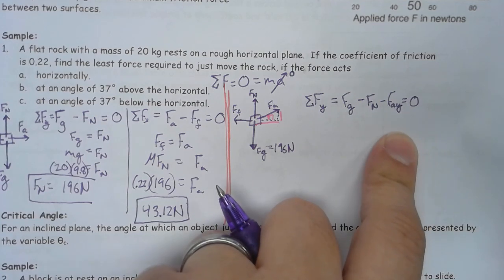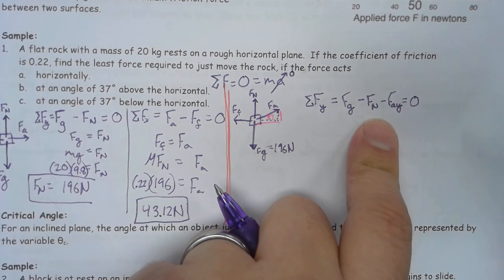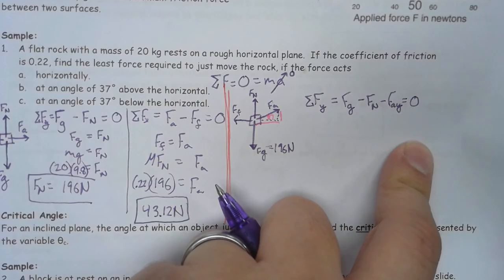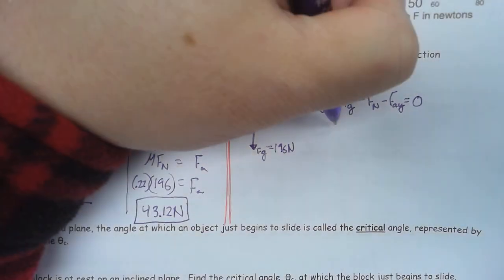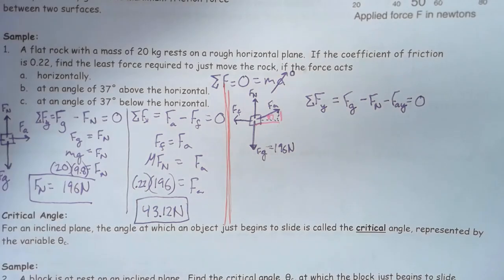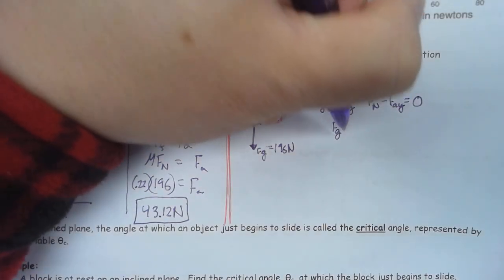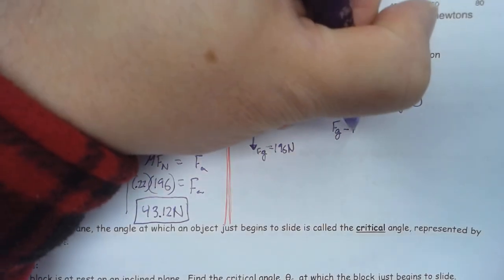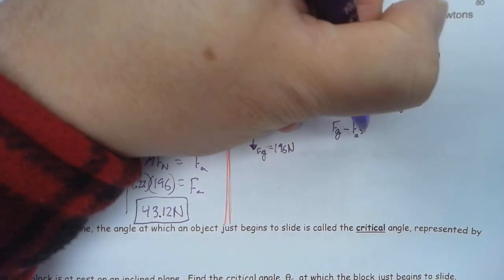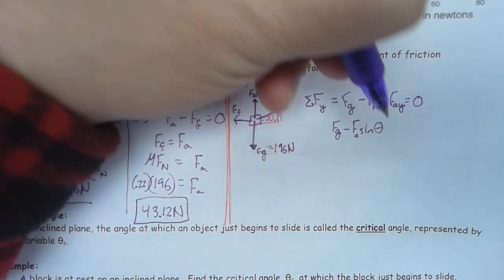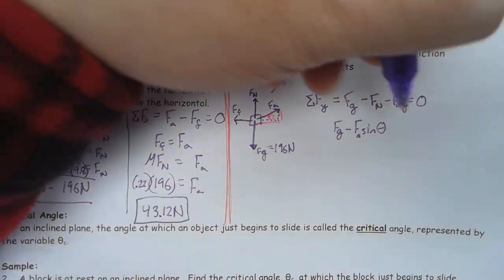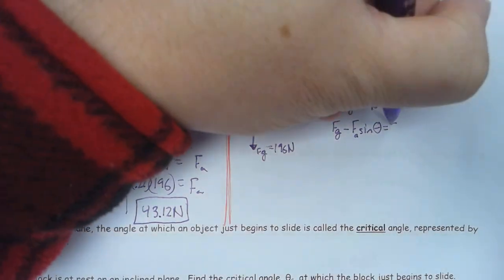Here's the crazy thing, though. I don't want to move everything. I think I'm going to only move over the normal force. And that's unintuitive, and that's because I've practiced this a lot. But let me tell you that we've got the force of gravity minus the force applied sine theta, that's the y direction, equals the force normal.